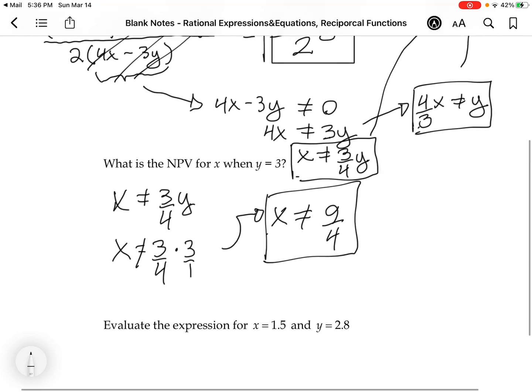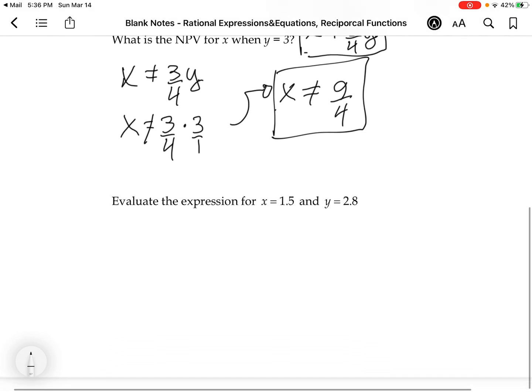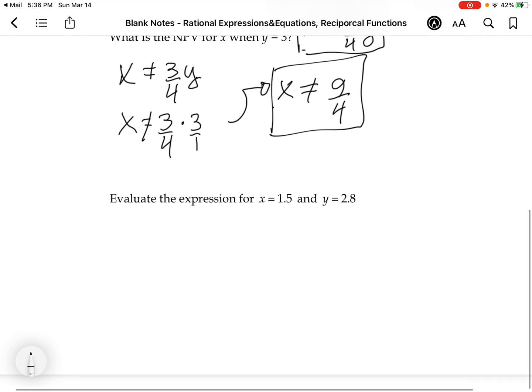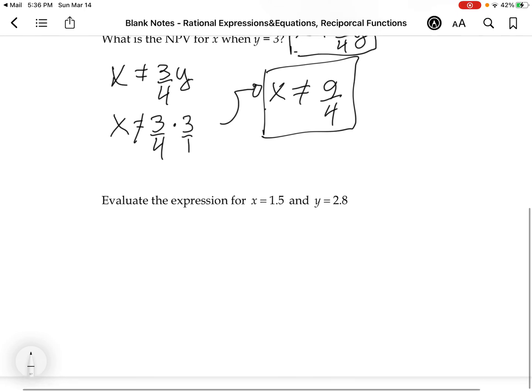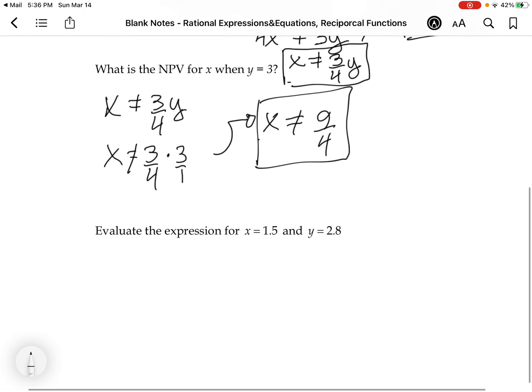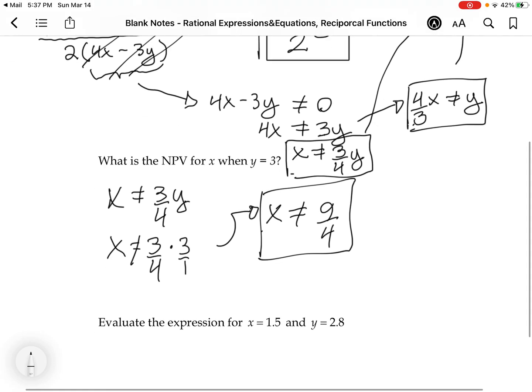And then finally, evaluate the expression for x equals 1.5 and y equals 2.8. Well, this is the nice thing about simplification. Once we've simplified, as long as x doesn't equal 3/4 y, which it doesn't, 1.5 is not 3/4 of 2.8, or y does not equal 4/3 x, which it doesn't, then we can go ahead and plug these in to the simplified expression, which is much nicer to plug in than the original.